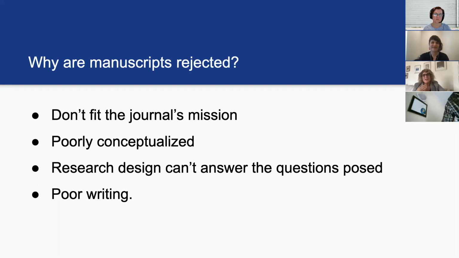The other one, so obvious, but actually very surprising, many articles are rejected because the research design is poor and it can't answer the question. This isn't just on your shoulders, it's on your mentor's shoulders, but publication really starts when you're designing a study.